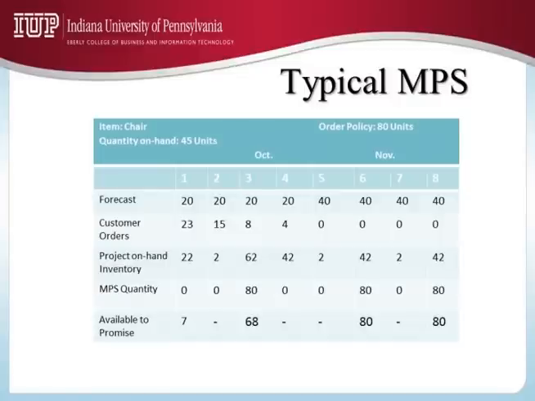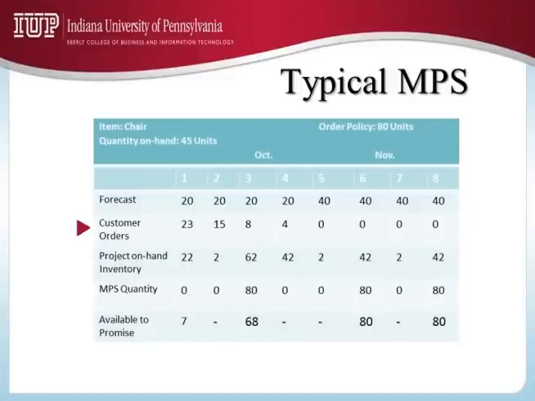Where do you get the forecast input? Typically from marketing. So marketing has provided the forecast, which for the first 4 weeks, that is October, is 20. For some reason, the forecast is double that in November. So this is an input from marketing.